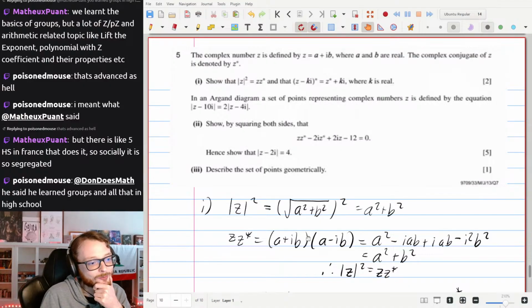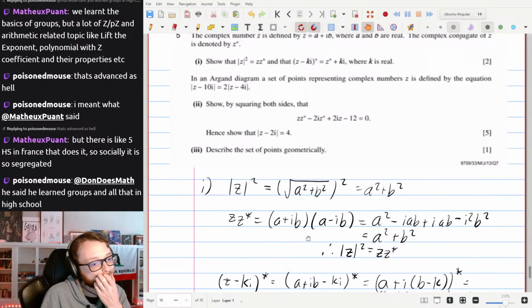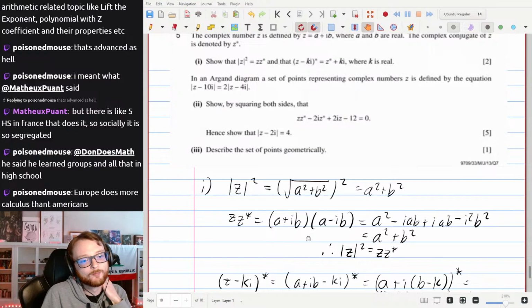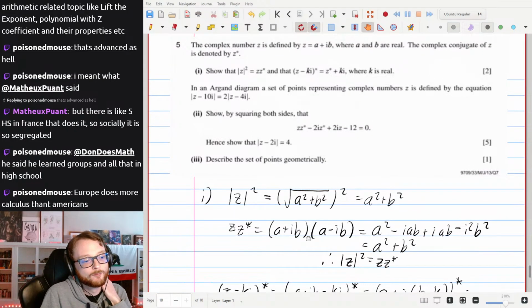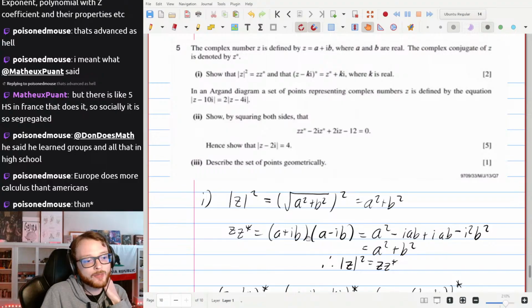But that's still super early. It's good though. Europe does more calculus than Americans? That would surprise me. We do a lot of calculus here. I don't know how much calculus you guys do over there though.